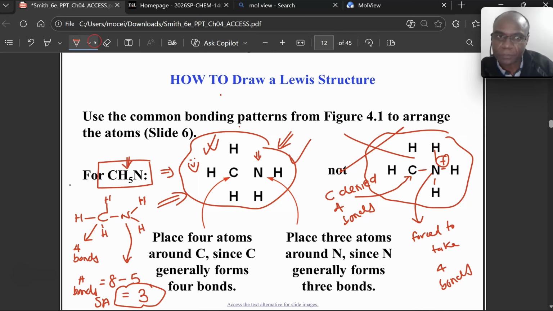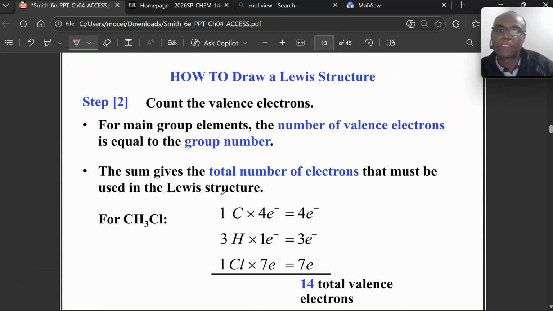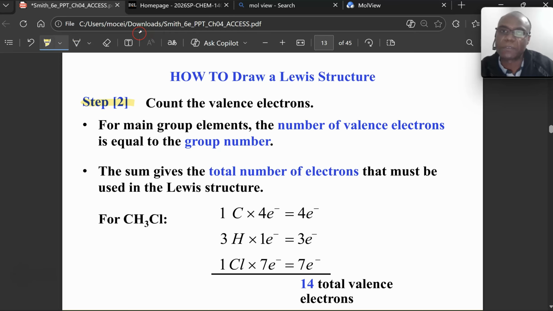Okay, now let's look at step 2. Once you've arranged your atoms in space, here comes step 2. You want to count the total valence electrons, which will help you to form those bonds, even predict the number of bonds if you like, and even give you the lone pairs, the non-bonding electrons. So the rule is for main group elements, the number of valence electrons is equal to the group number.